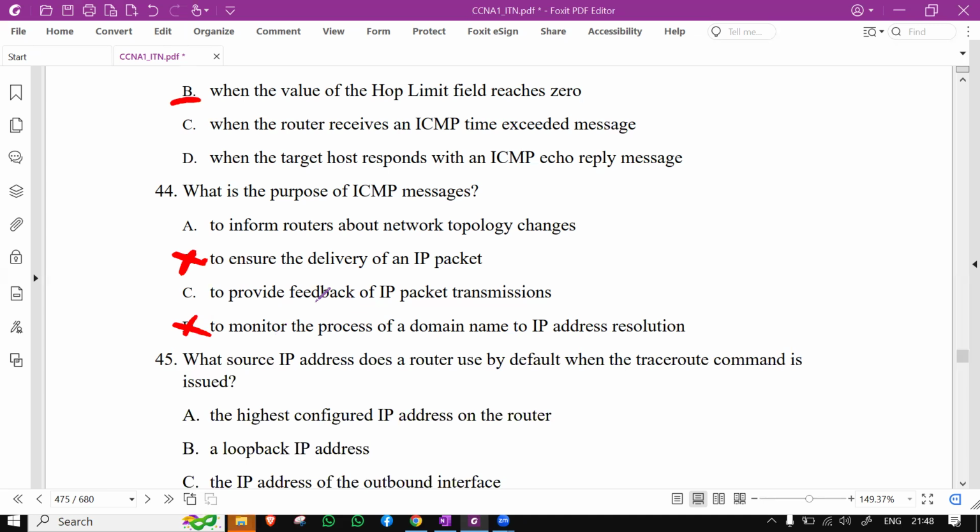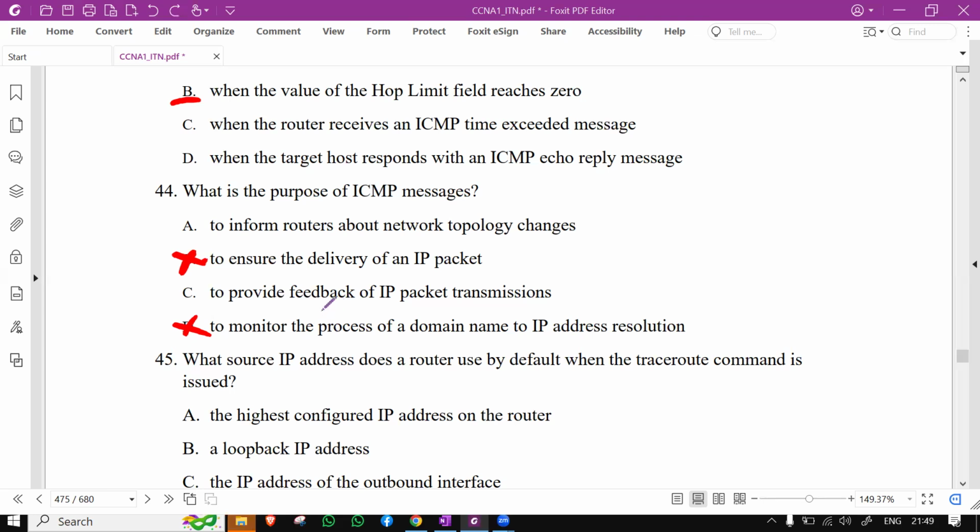Okay, C: provide feedback of IP packet transmission. No, I don't think so. B: ensure the delivery of an IP packet. Does it ensure that a packet is delivered? Does ICMP ensure that?